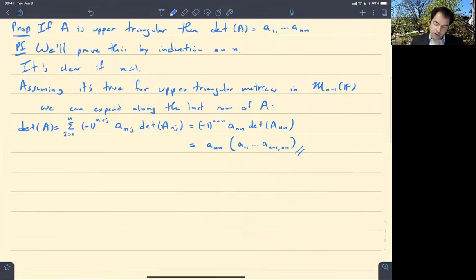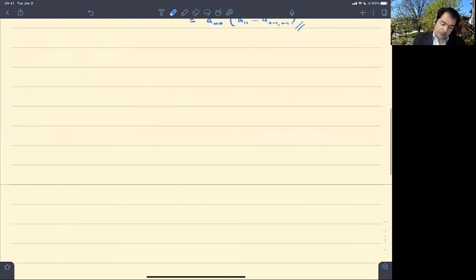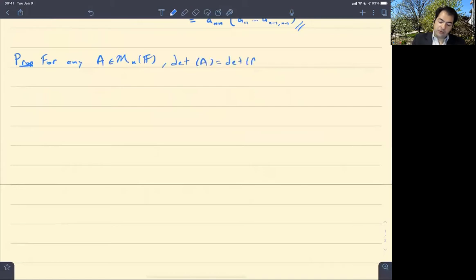And here's one way of establishing that, and establishing another nice property of the determinant at the same time. Namely, the determinant of a matrix is equal to the determinant of its transpose. Here's how we're going to prove this.